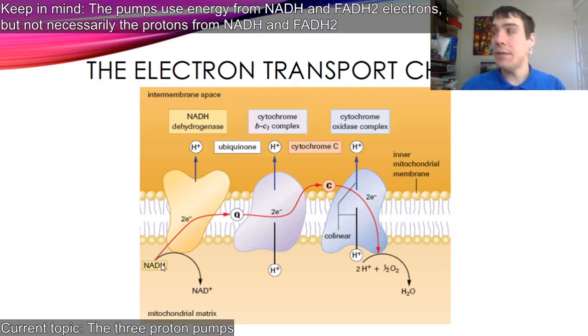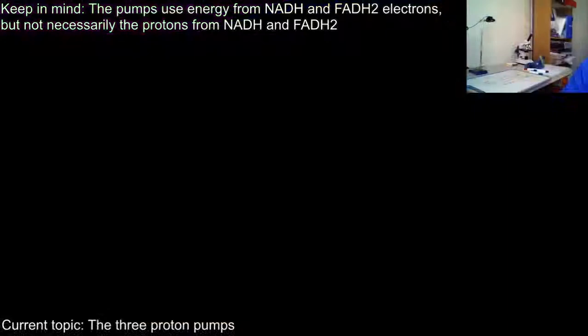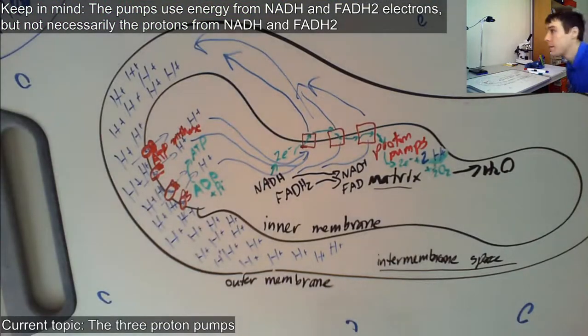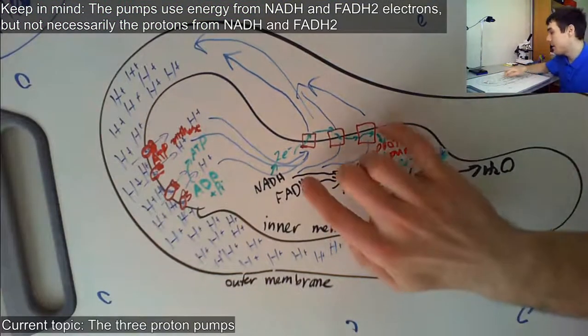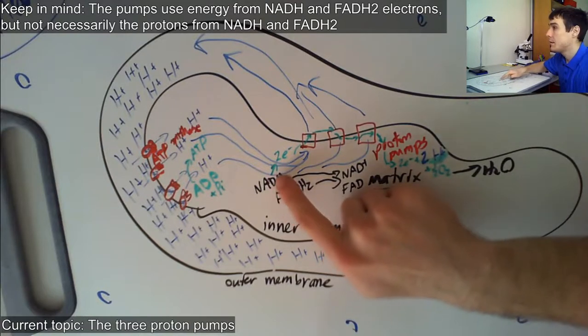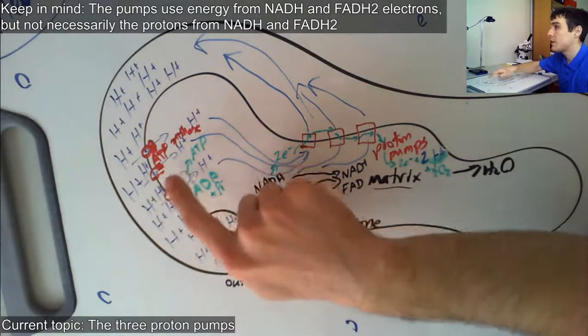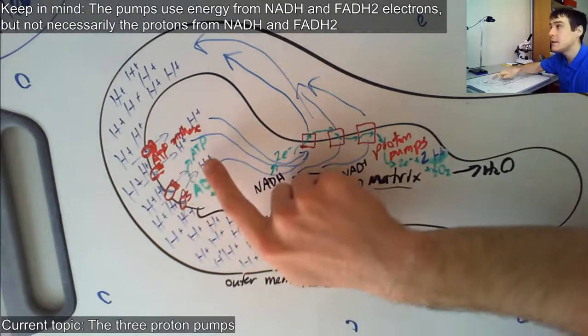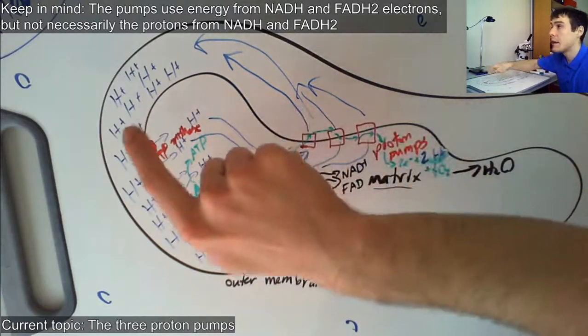And the same thing with FADH. Those hydrogens that are pumped aren't necessarily coming off of it. If I jump back to the document camera for a second, if you recall the setup here, it's these hydrogens flowing through ATP synthase that are going to come back and get pumped up again.